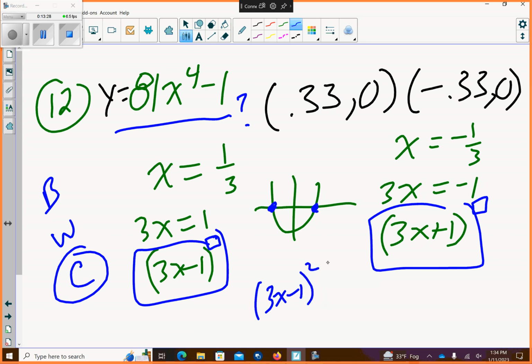That creates a bounce, or 3x plus 1 raised to the second. If it was raised to the third, or if that was the 2, 4, 6, 8, that would have been a bounce. If it was raised to the third, the fifth, or happened 3 times or 5 times or 7 times or whatever, that creates a wiggle. But we definitely have crossings that took place. But I love your thought process. What else might be happening? Do we have any thoughts?